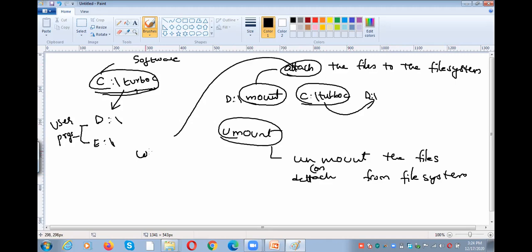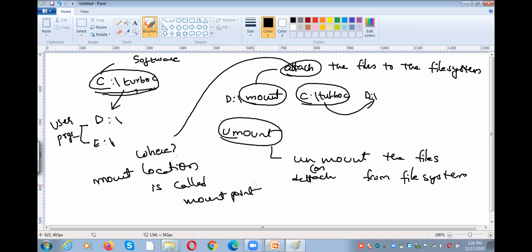Where you will mount, that mount location is called mount point. Okay, mount point. Mount point means the location where we attach the files. Unmount means detaching. Mount is for attach. So this is called the file mounting concept.